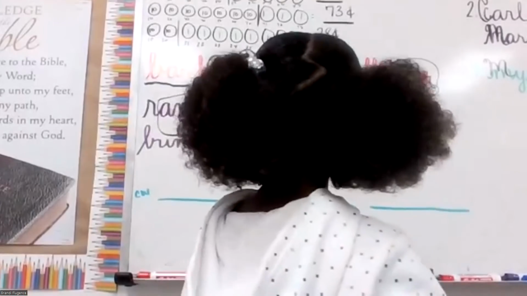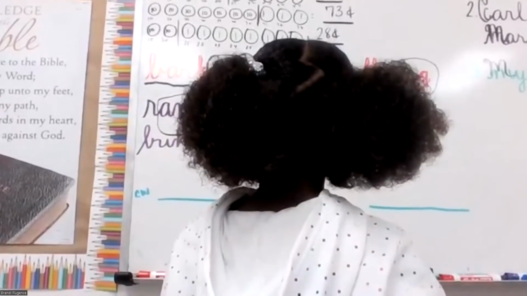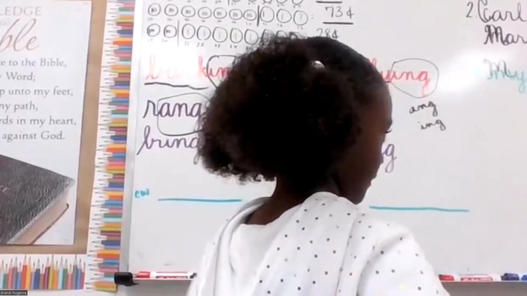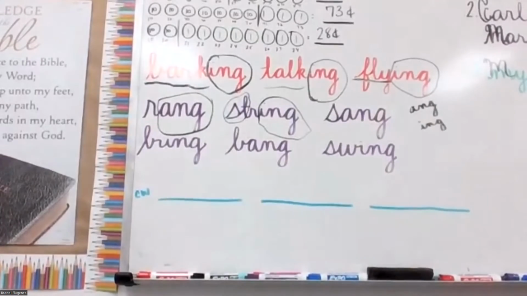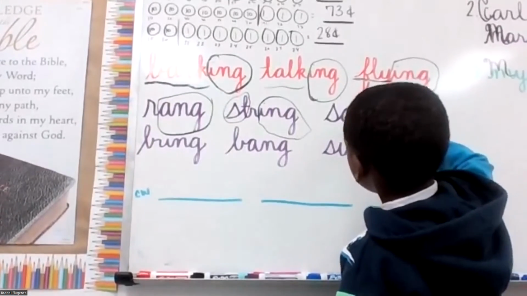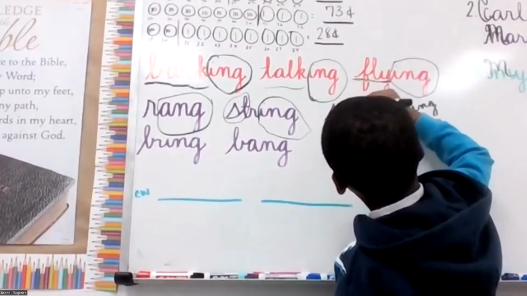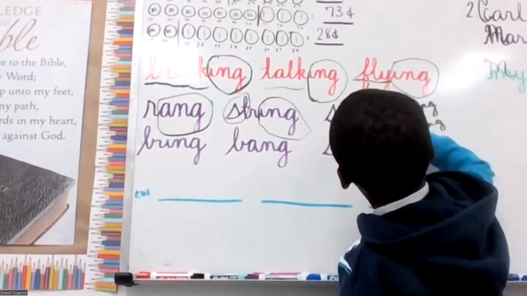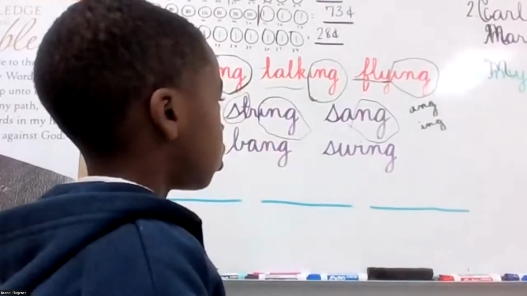Okay, what's the word? String. Next one. String, like a string. Yep. Just like a rope. Don't forget to say that number 8.